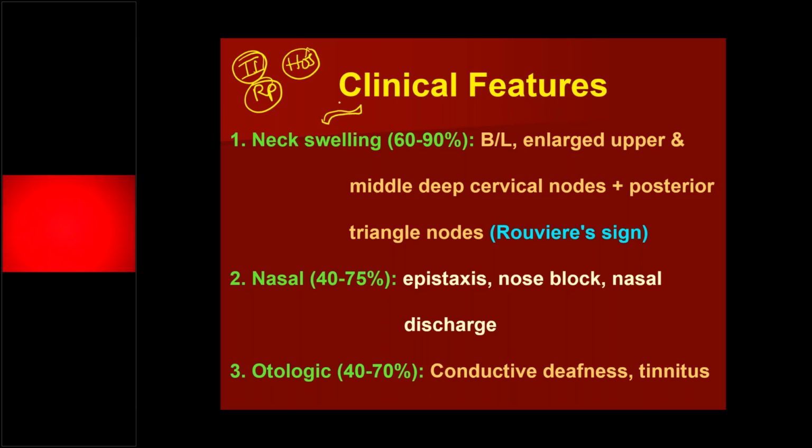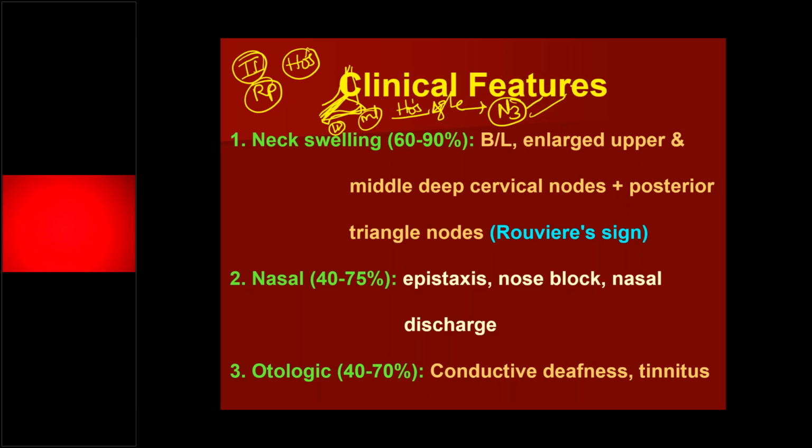If this is the clavicle, this is the neck, and this is the trapezius, so medial end of the clavicle, lateral end of the clavicle, and wherever the neck meets the shoulder, this particular thing is called the host triangle. If a host triangle node is involved, it is definitely N3, whatever the size. N3 has bad prognosis.